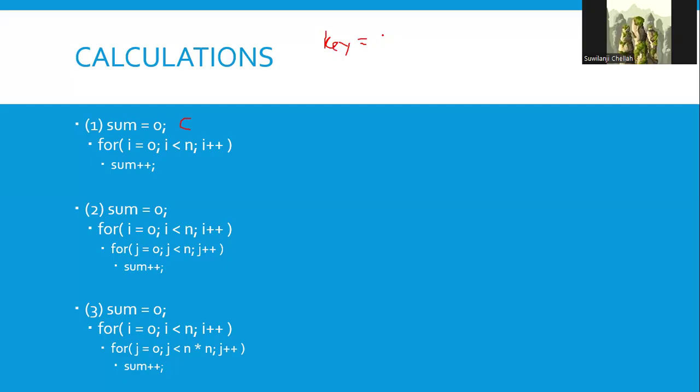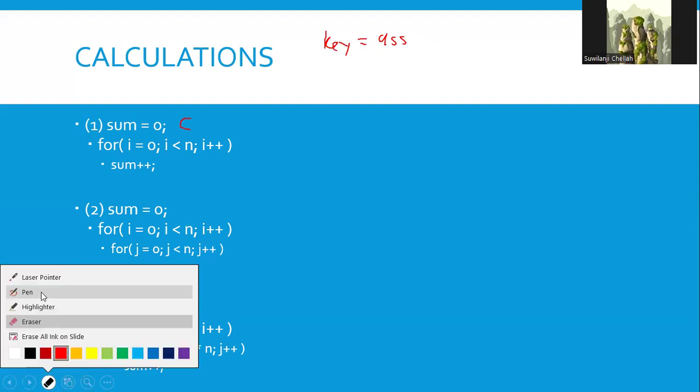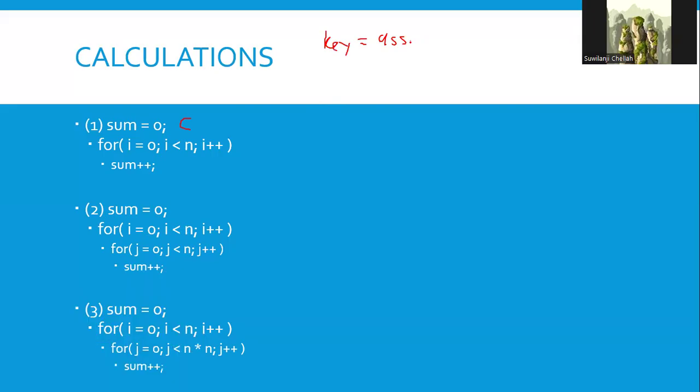So if it is assignment, then it is a constant time, so it's got a time complexity of C. So if you say sum is equal to 0, that's anything that is assigning something.